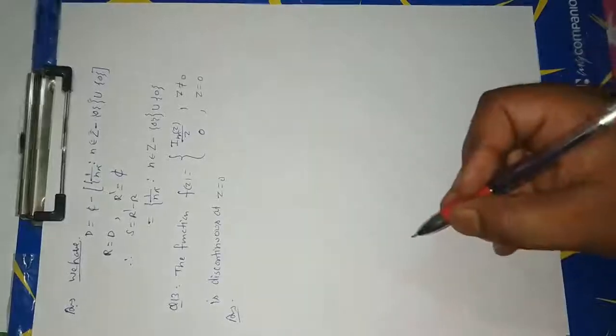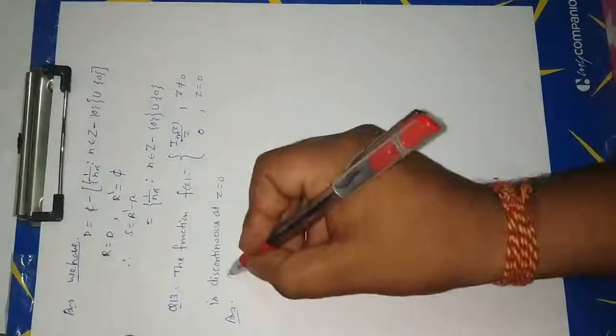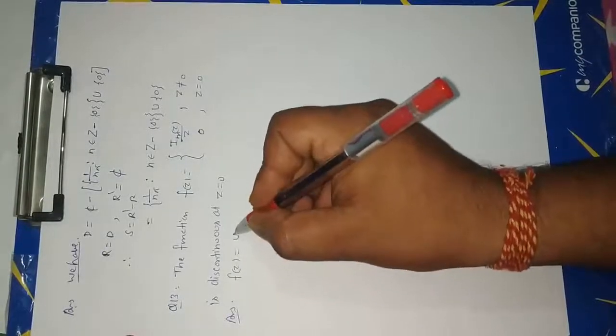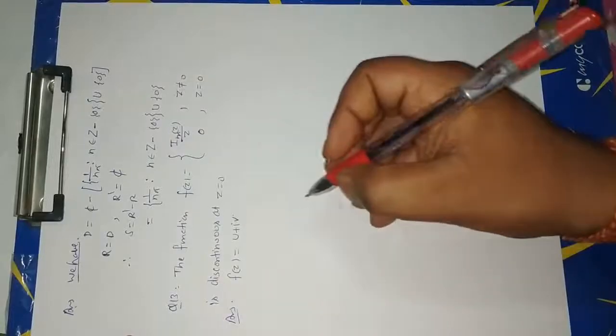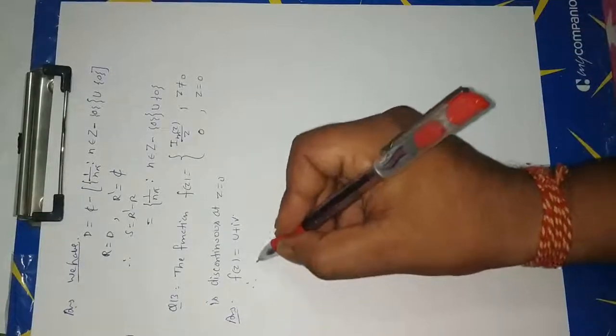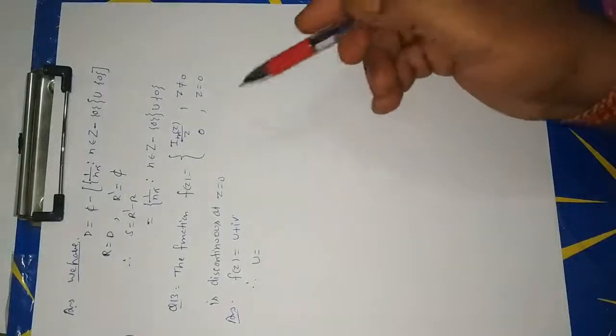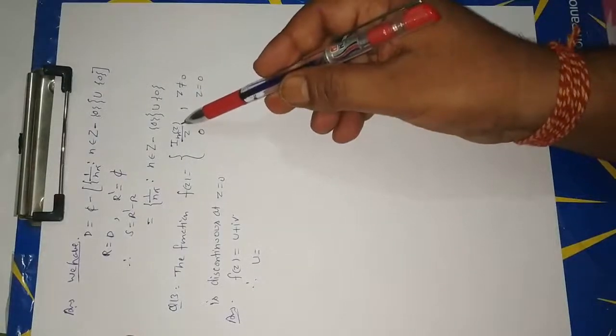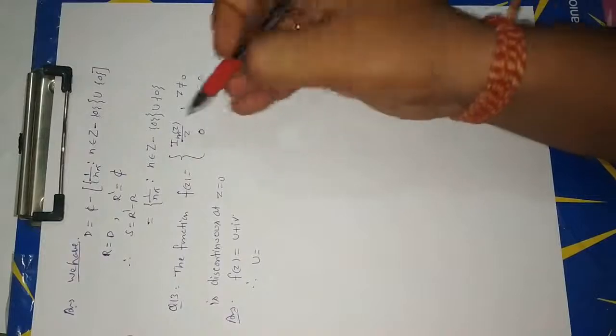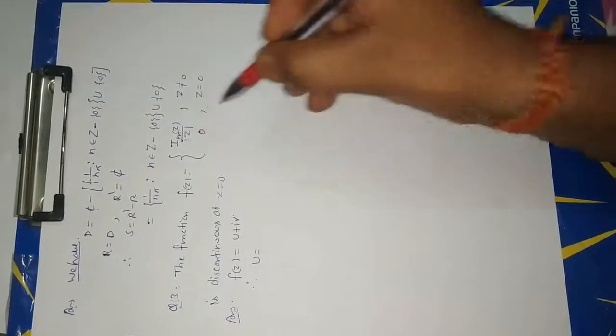Now answer. Since f z is equal to u plus i v, u is equal to imaginary z, that is y, upon modulus z.